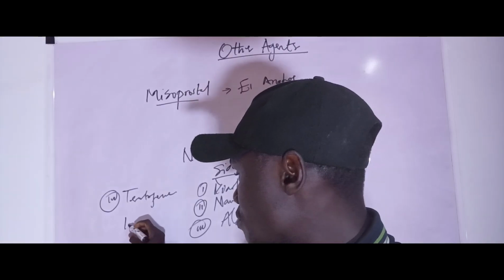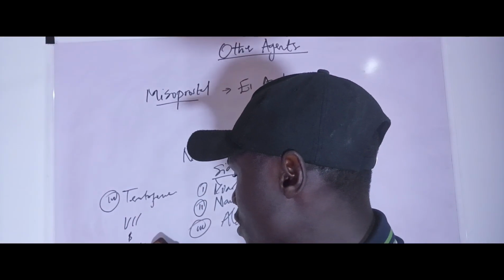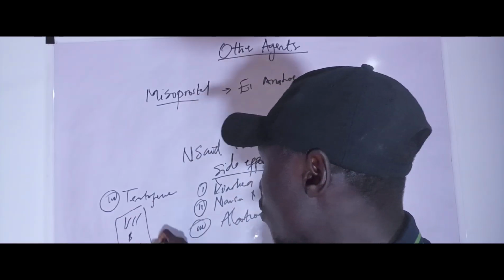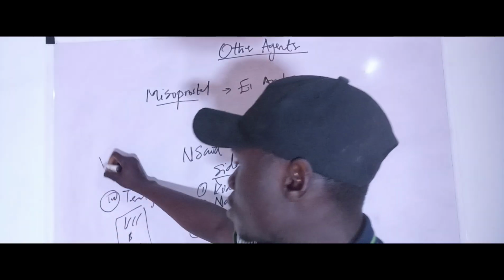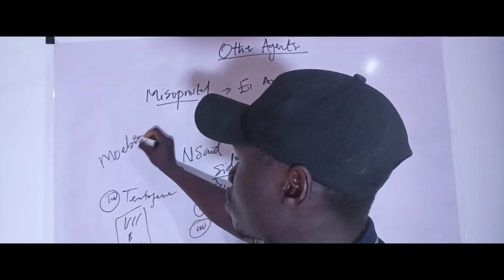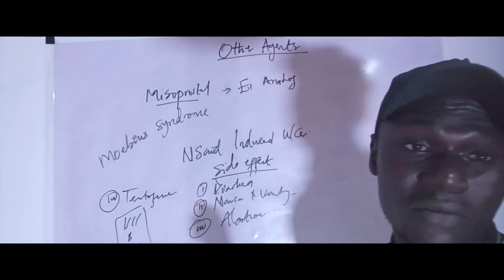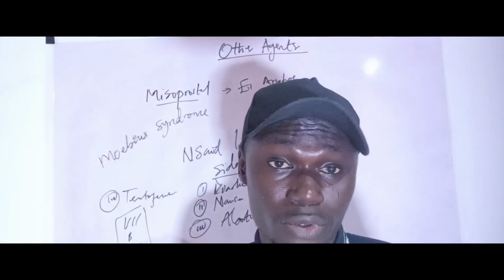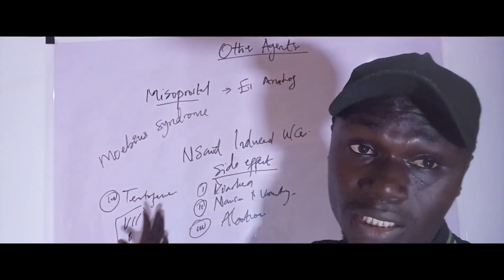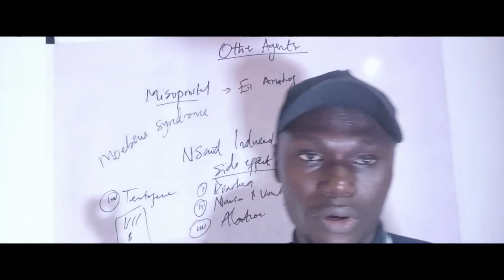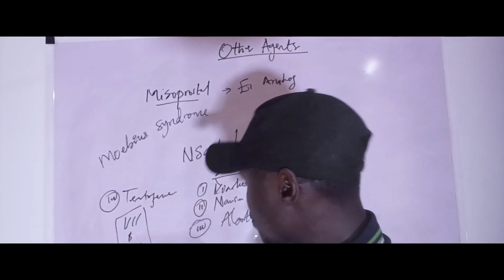Cranial nerve 7 and cranial nerve 8 can be damaged, and when these two nerves are damaged due to misoprostol acting as a teratogenic agent, we call it Mobius syndrome. Are you getting it now? So that is for misoprostol.